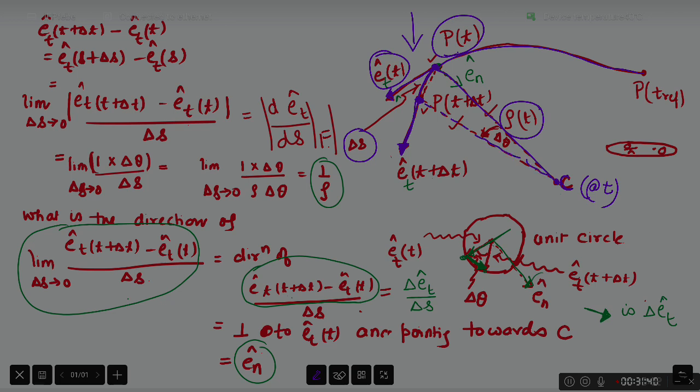There must be a small angle subtended by these two line segments, this and this. We denote that by delta theta. This is a small angular increment.